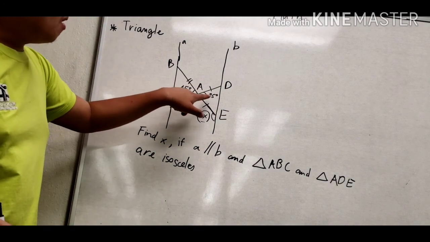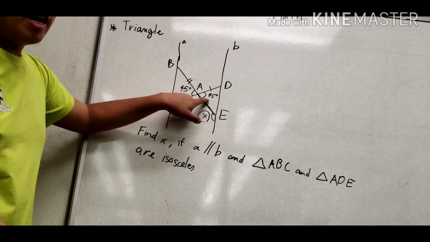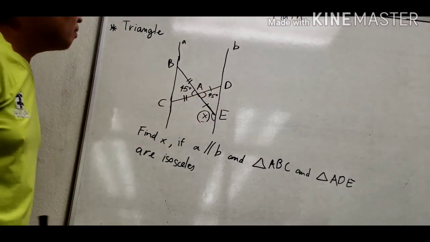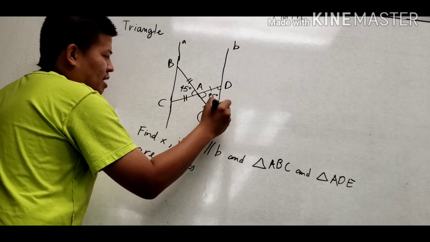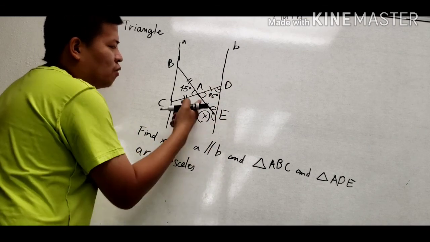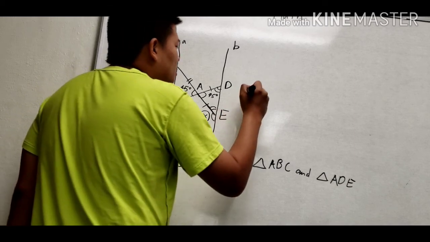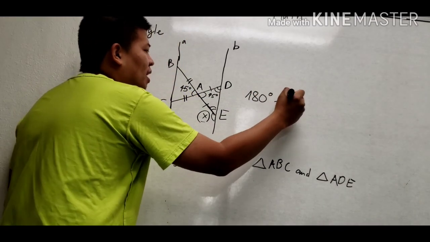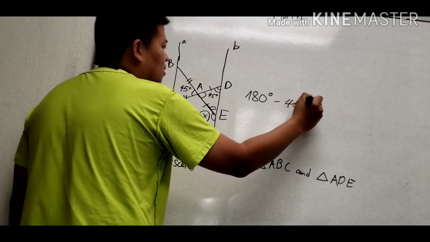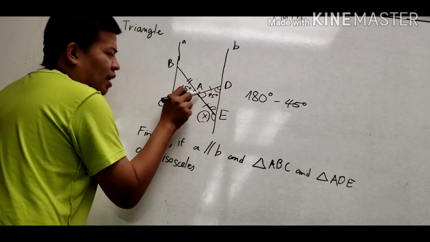So the angle on the opposite side of the angle A is 45. So we need to find the angle D and angle E here. To find the angle D and E, we have 180 degrees, we minus 45 of the angle A here.